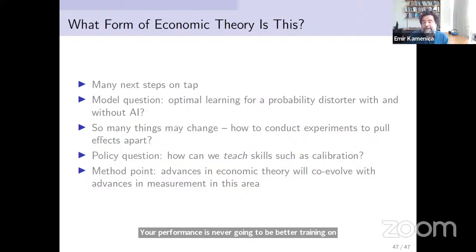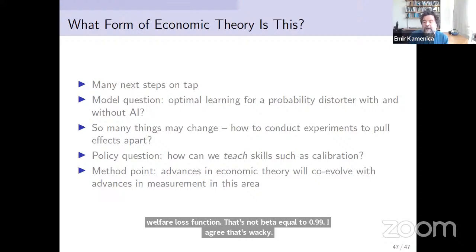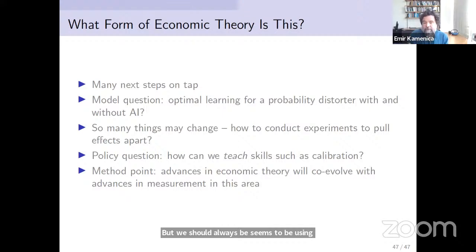Why would we ever do anything other than use the actual welfare loss function? That's not beta equal to 0.99. I agree, that's wacky, but we should always be using the actual welfare of the agents that are using the output of the algorithm. That seems to me non-controversial.